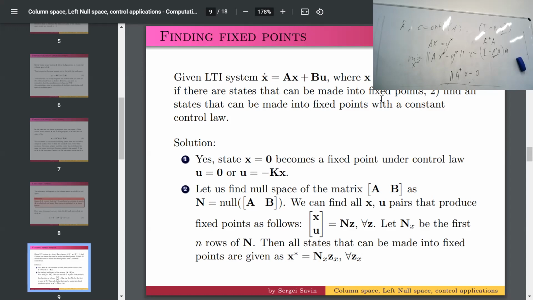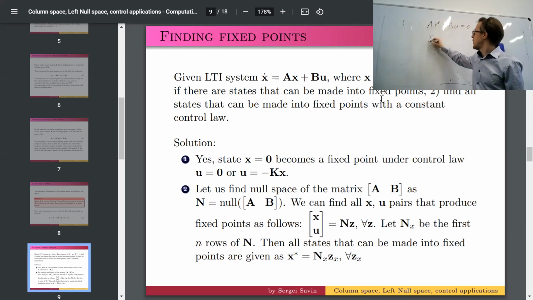Let's solve it. The state x equals 0 can indeed be made into a fixed point under control u equals 0, or u equals minus Kx, which is zero as well. Let me just write it. I think it'll be easier if I write. So what I want is to find such x star that for some u this is true.